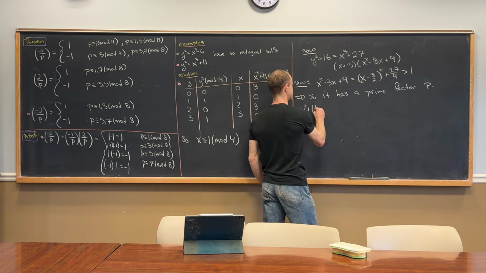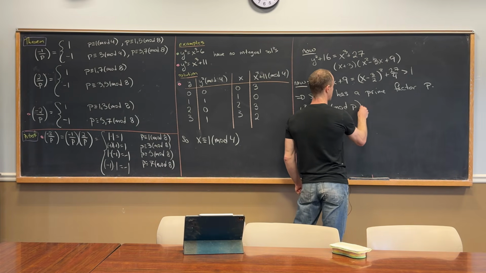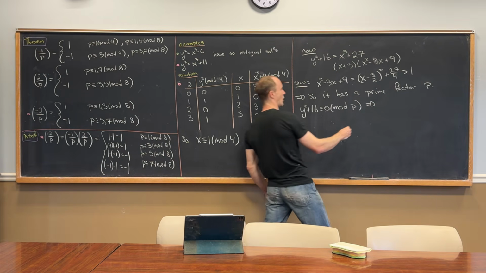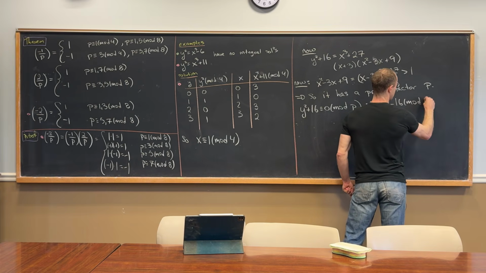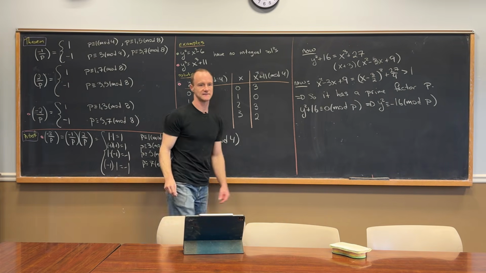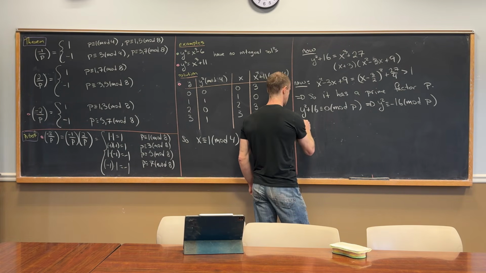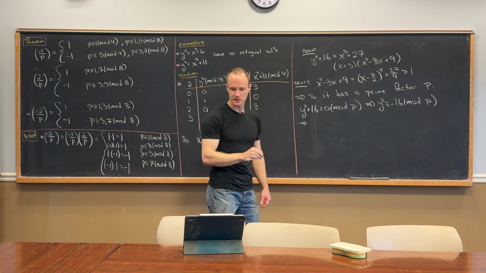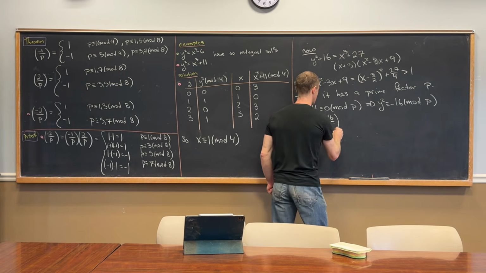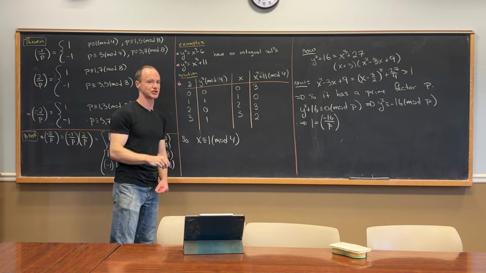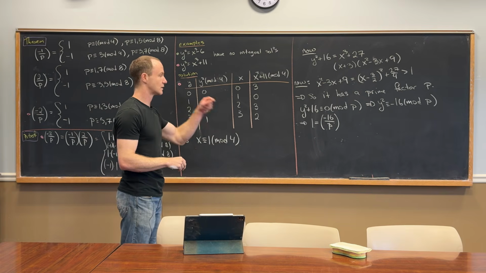We get y squared plus 16 is congruent to 0 mod p, which is equivalent to y squared is negative 16 mod p. That tells us that the Legendre symbol of negative 16 by p is equal to 1, because that's the question, are you a quadratic residue? And this is a quadratic residue.